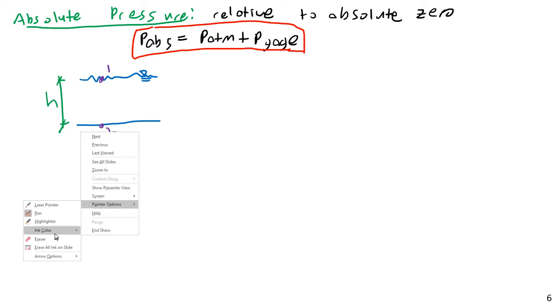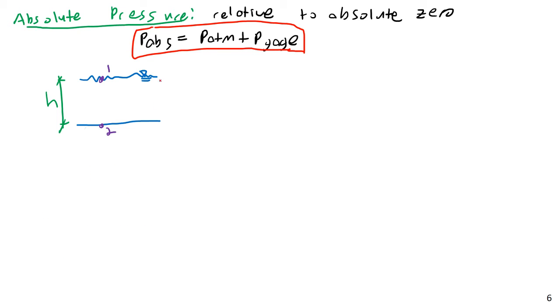Well, I'll have the following pressures. P1 at point 1 is going to be zero gauge pressure, or P atmospheric for absolute pressure.